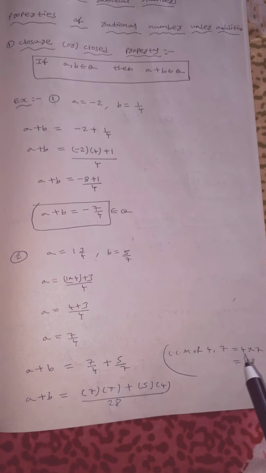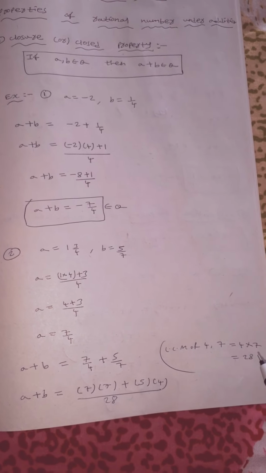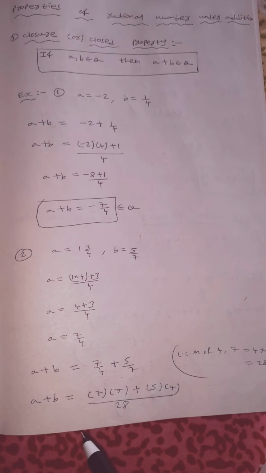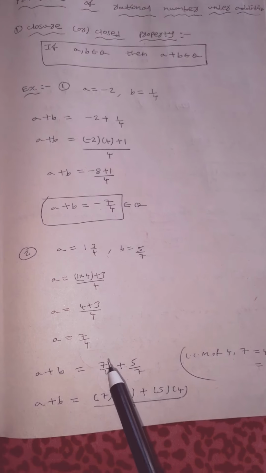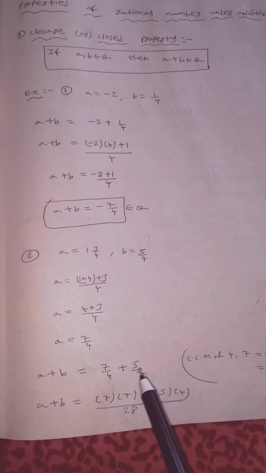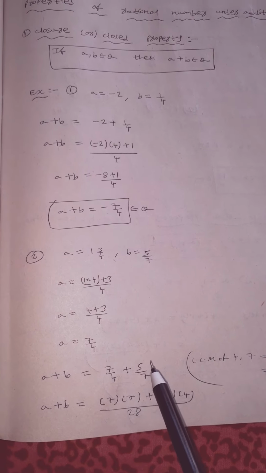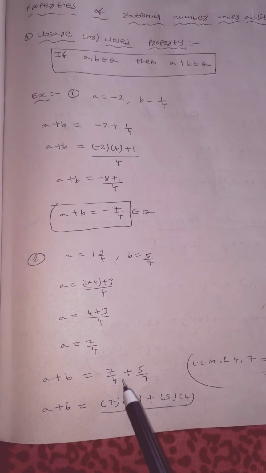So the LCM of 4 comma 7 is, children? Here 4 and 7 both do not go in the same table, children, so directly you can do multiplication. 4 into 7 how much? 28. So the LCM is 28, children. So I wrote this 7 as it is, then whatever number is there here, write the number here: 7 plus write this 5 as it is into how much should you write, children?